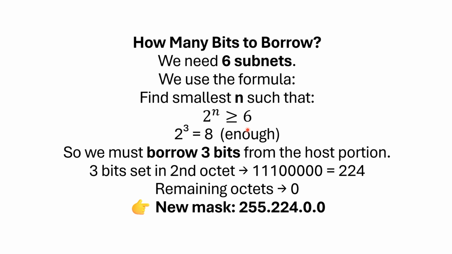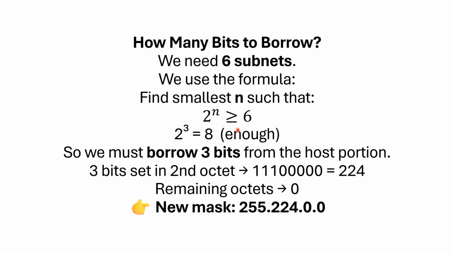We need 6 subnets. If we don't have 2 to the power n equal to 6, we assign a number that is greater than 6, because 6 is not a power of 2.